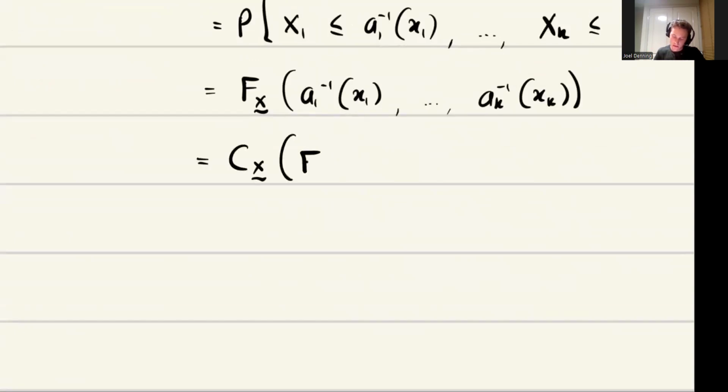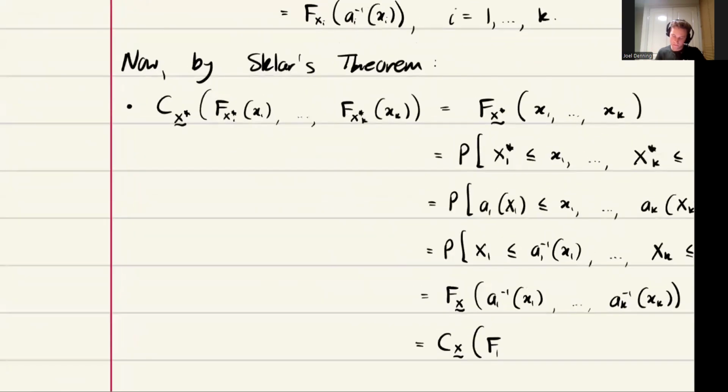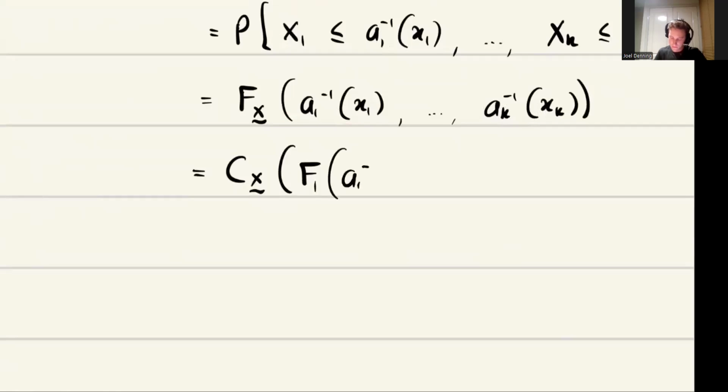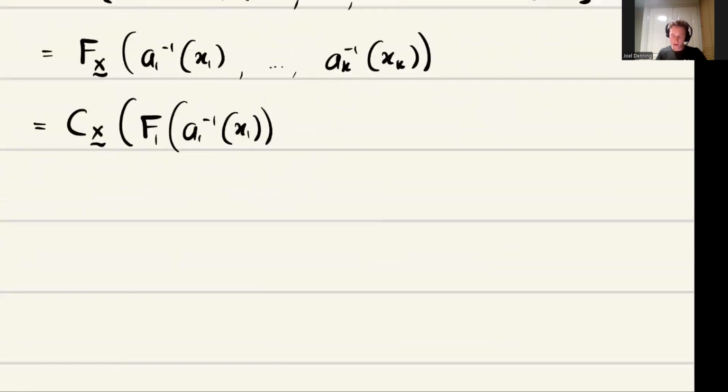But now that's going to be f1, but this argument, instead of it being x1, it's just going to be the first argument of our joint CDF, which was this a1 inverse of x1. So like that, right? And that's going to be the same for all of them, all the way up to k. A lot of brackets.